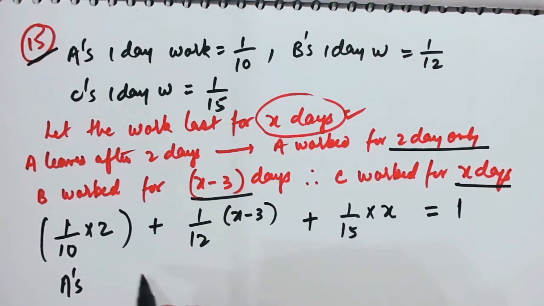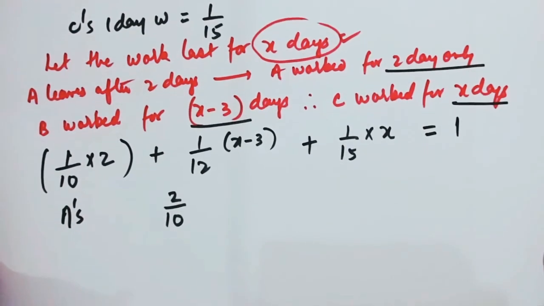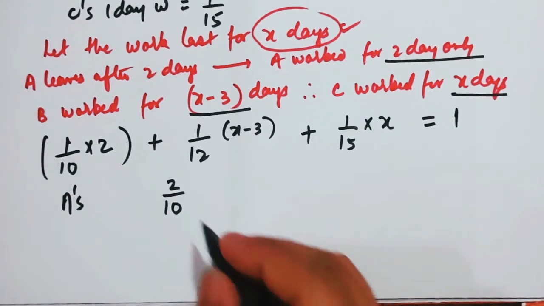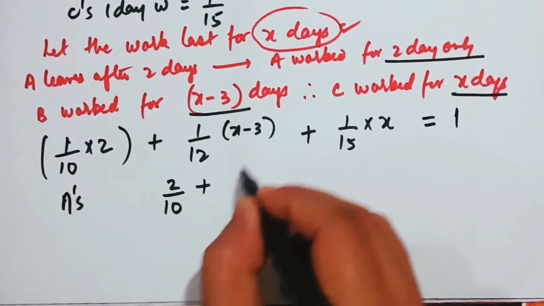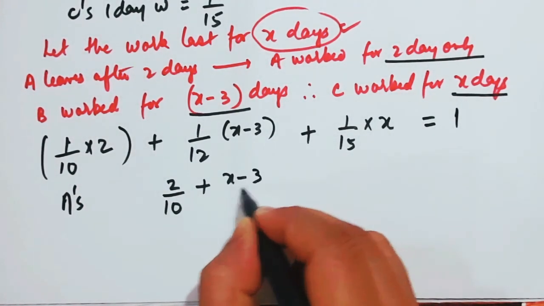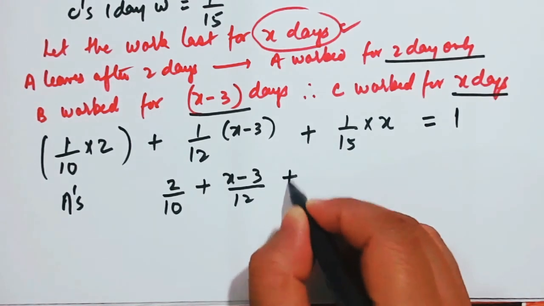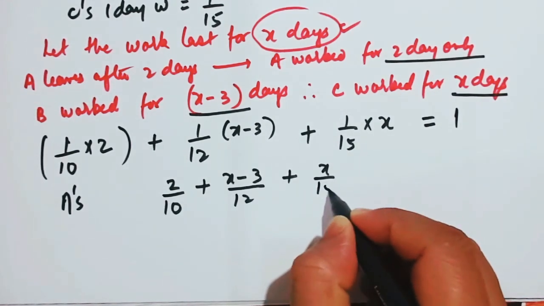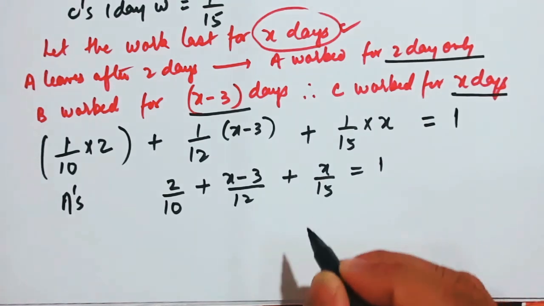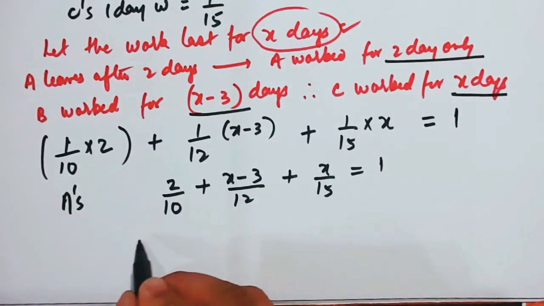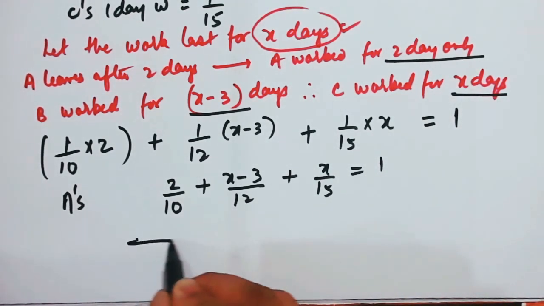So our next part is solving them. Let us solve properly. 2 by 10 plus x minus 3 by 12 plus x by 15 is equal to 1. Let us take the LCM.